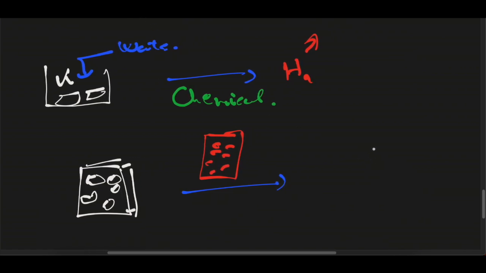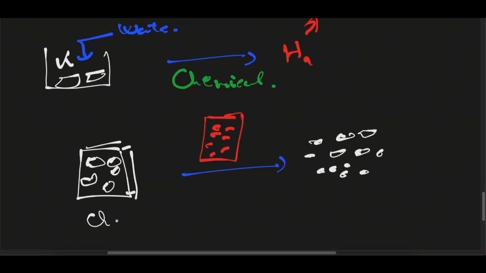At the end we have small pieces of cheese, which is grated cheese. So at the beginning we have cheese, and at the end we still have cheese, but the form is not the same. So we have a physical change.